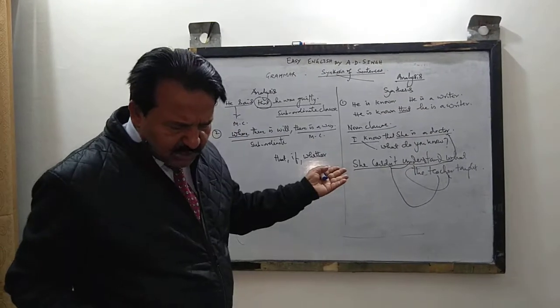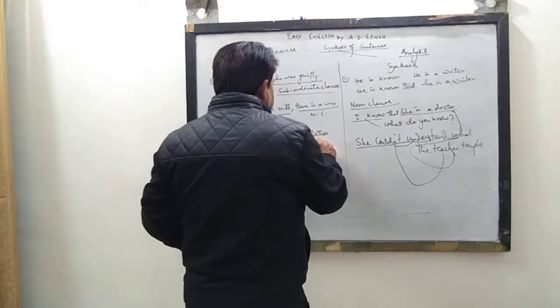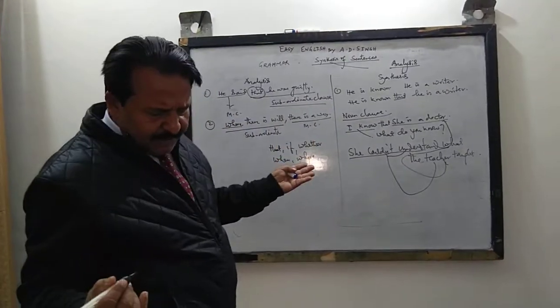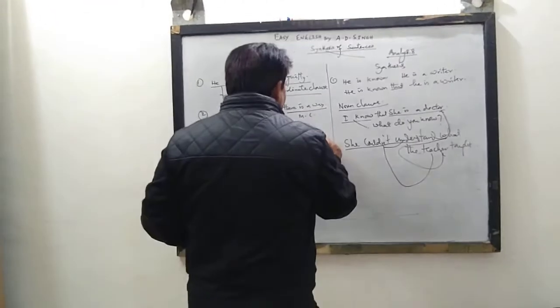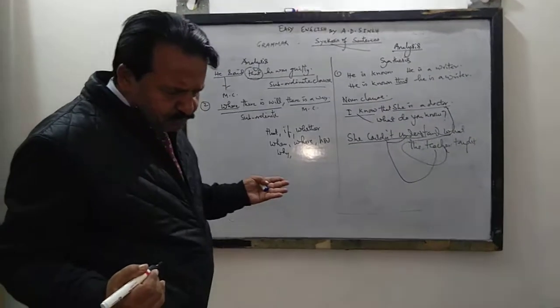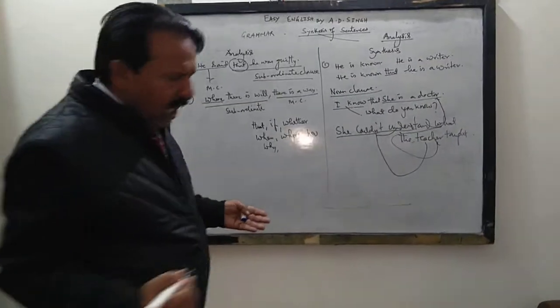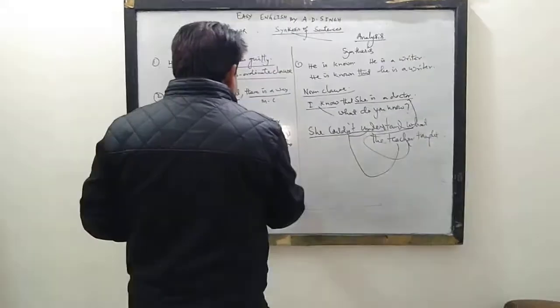Then ask the fourth one, sir. When. Fifth one, where. Then there is how, why. We can say what also. What, who, whose. Am I right? Yes, sir. Who, whose, etc.